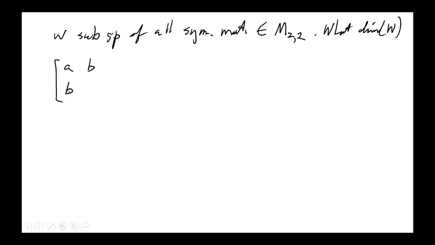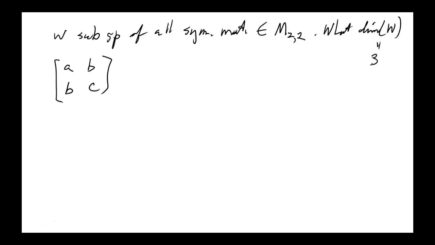Has to be the same as that one, and this could be something else. Basically, when you fold it over the main diagonal, it's the same. Yes, exactly. So what do you think the dimension of that is? 3, exactly. So the dimension of W would be 3.